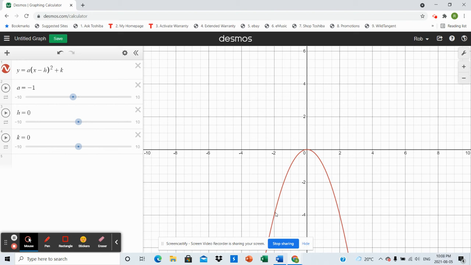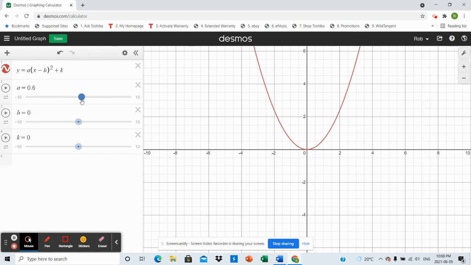So it reflects across the x-axis. And you can explore that a little bit more. As a gets more and more negative, it's still going to do what it did when it was greater than 1, which is a vertical stretch. It's going to get skinnier and skinnier and stretch further and further, but it's going to stretch downwards because of that negative.